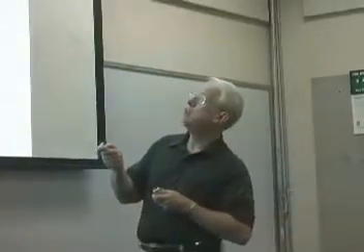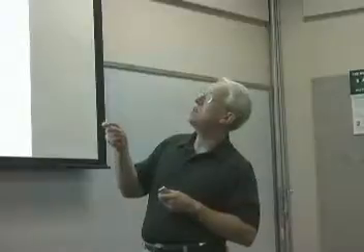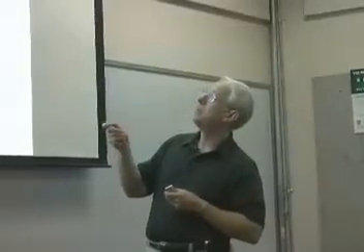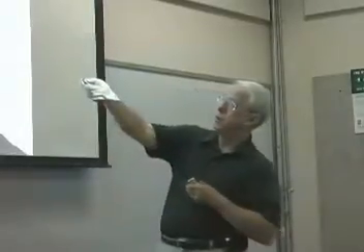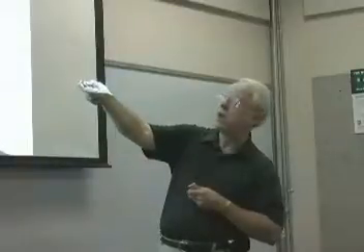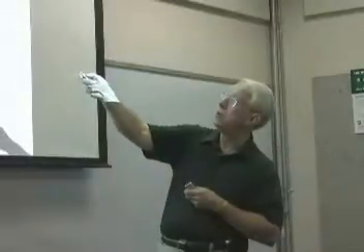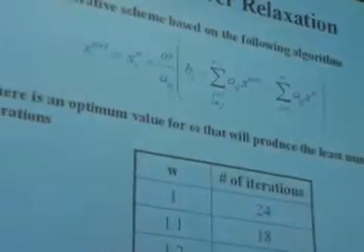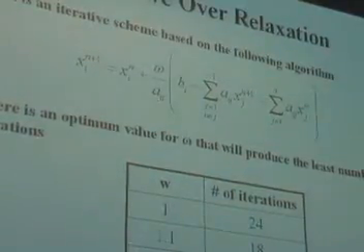Successive over-relaxation is an iterative scheme based on the following algorithm. The new value we want to calculate is the old value. What does this look like? It actually looks like the Gauss-Seidel.